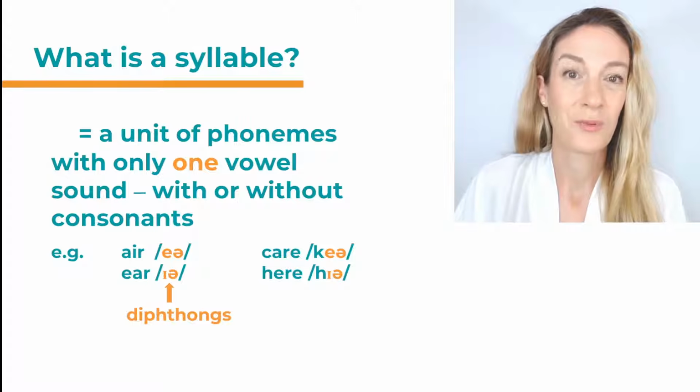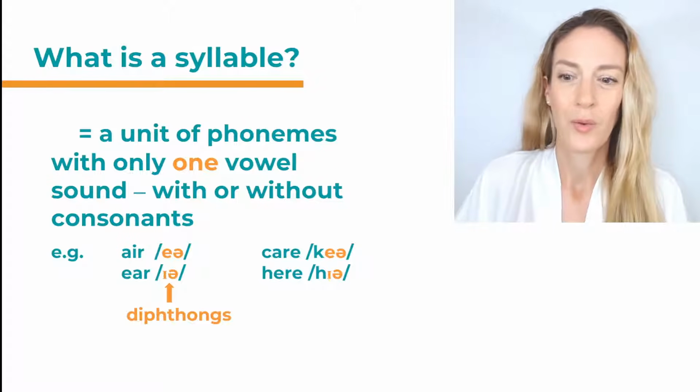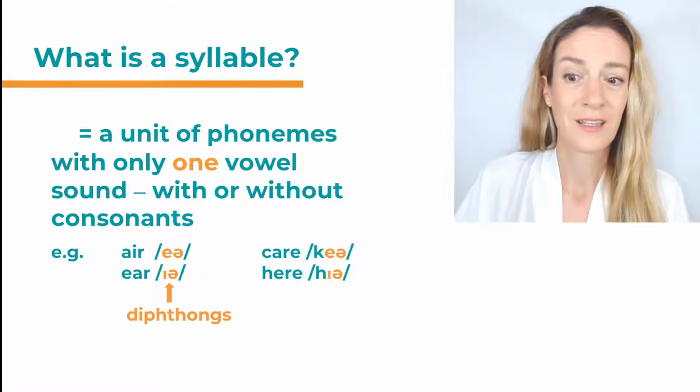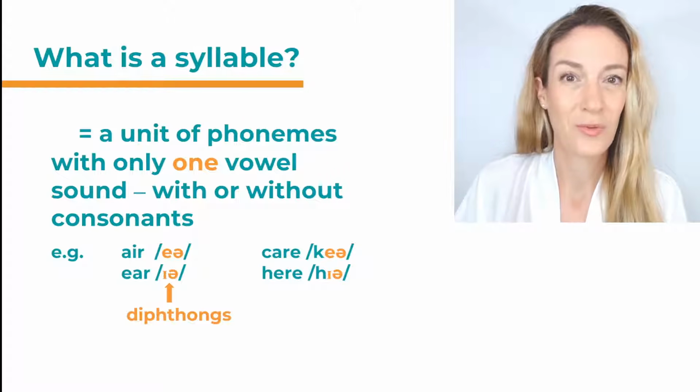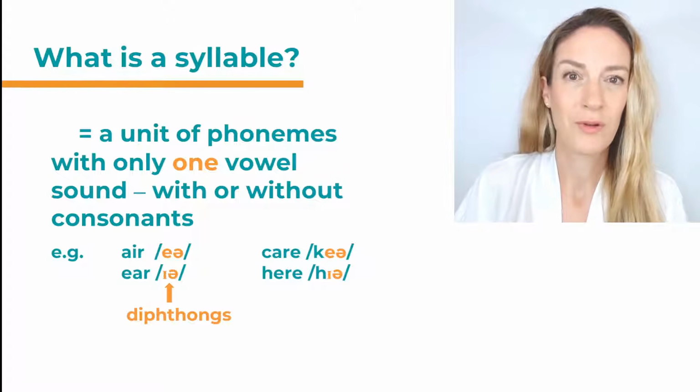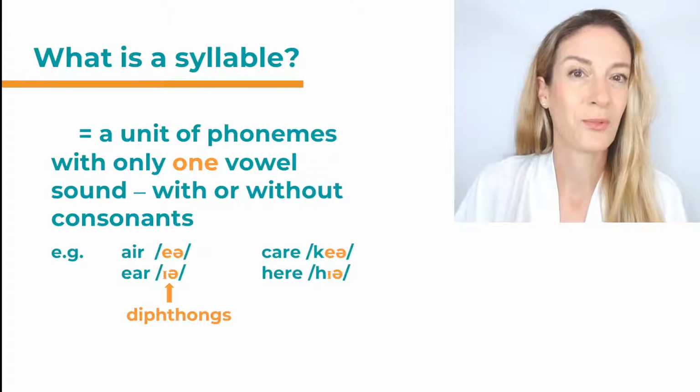Again, it's a word with just one syllable. Or we have ear, and again, this is a diphthong, or of course here with h, with the consonant. Again, this is just one syllable because all of those have only one vowel sound. Diphthongs, remember, are classified as one sound.